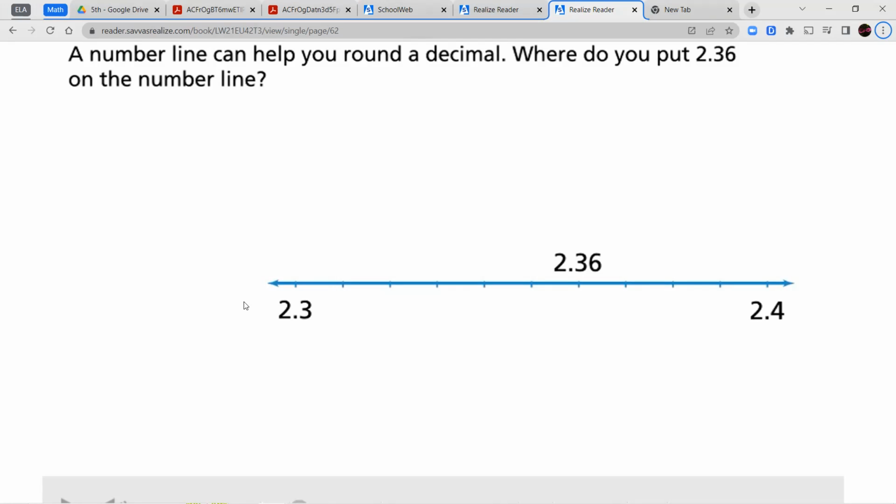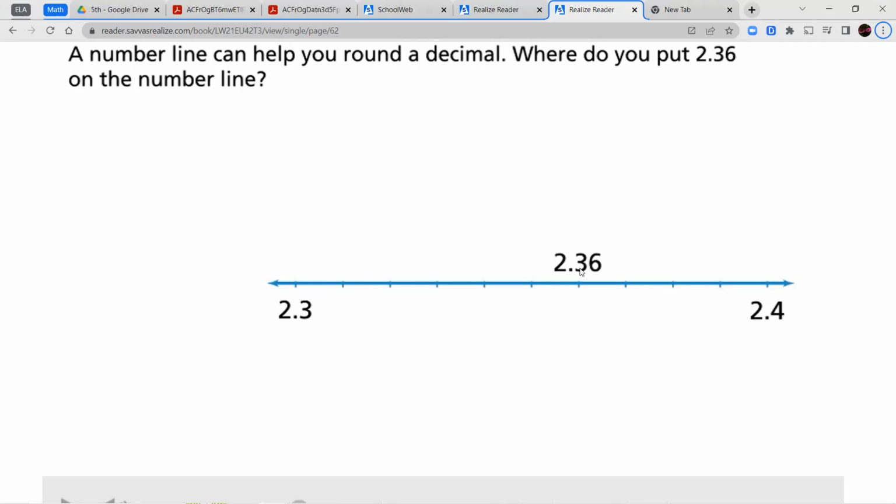In between those, you're moving from 2 and 31 hundredths, 2 and 32 hundredths, 2 and 33 hundredths, 2 and 34 hundredths, 35 hundredths, 36, 37, 38, 39, until you get to 2 and 40 hundredths, which we know is the same thing as saying 2 4/10, because that 0 that would come after has no value.